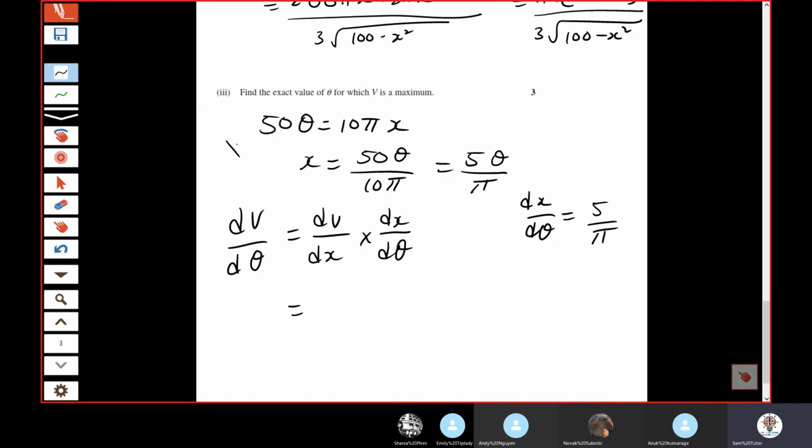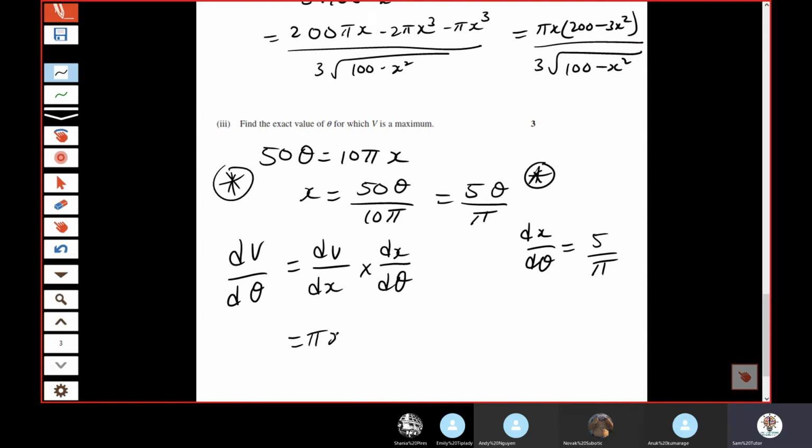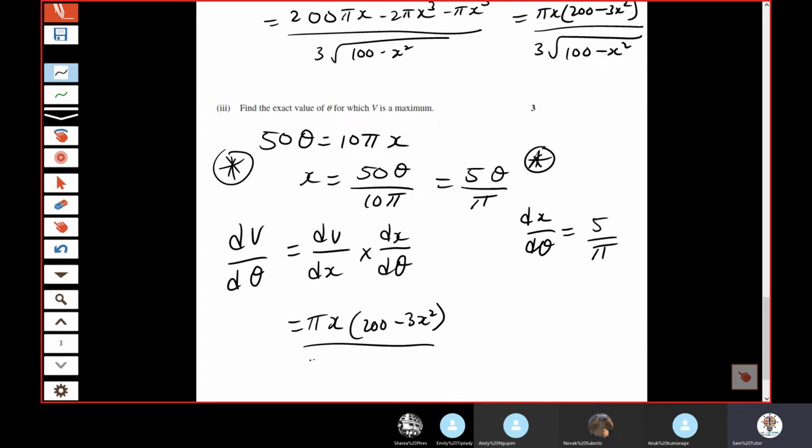The hardest step was this, and I guess knowing to not do what I just said, subbing it back in and differentiating. Smarter would have been rates of change. So dV on dx is pi x. That was really hard that year for a lot of students because you don't spend a lot of time on max-min problems.